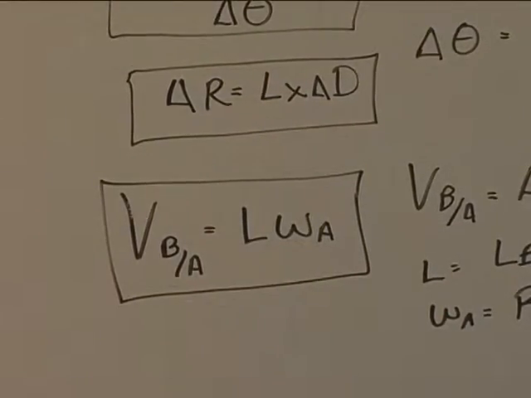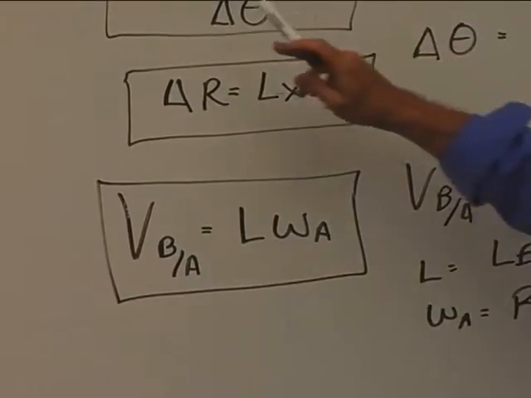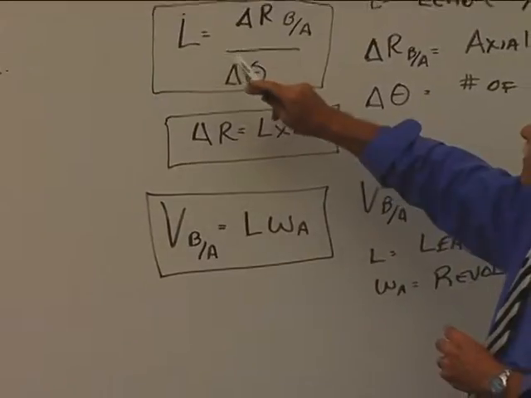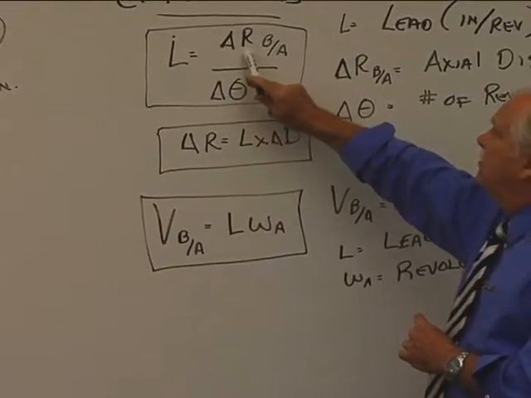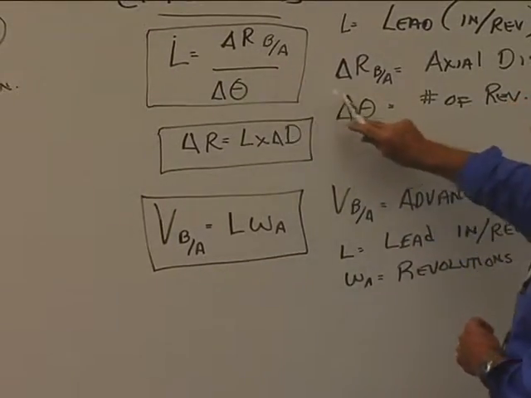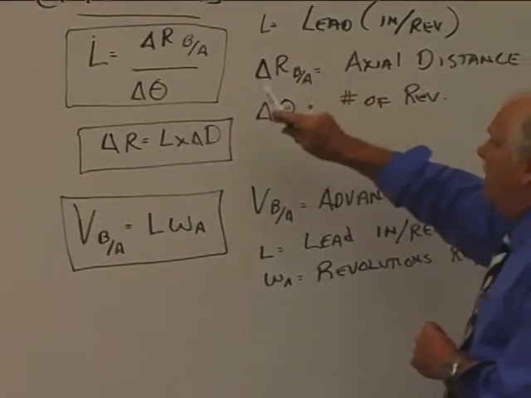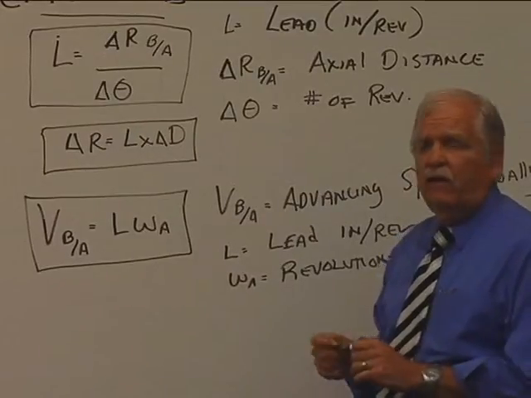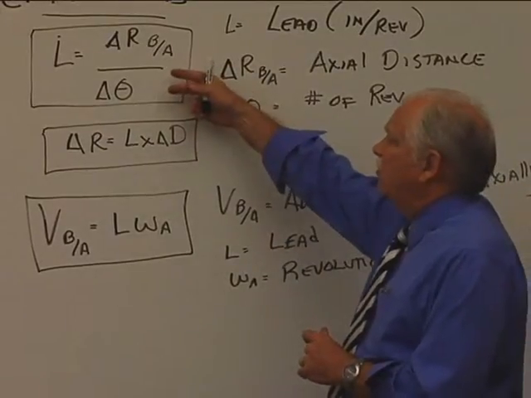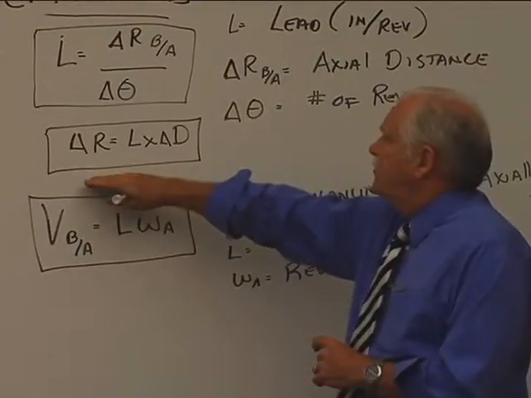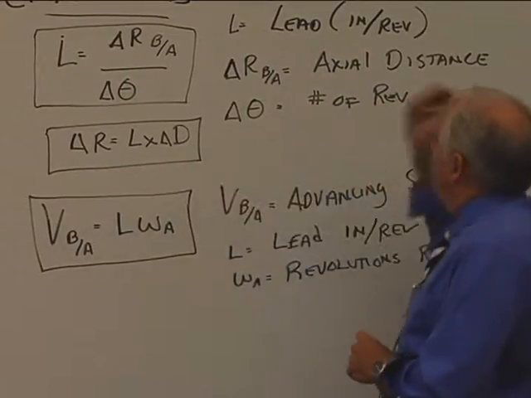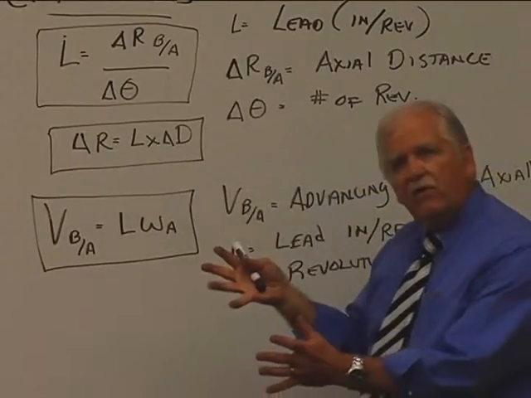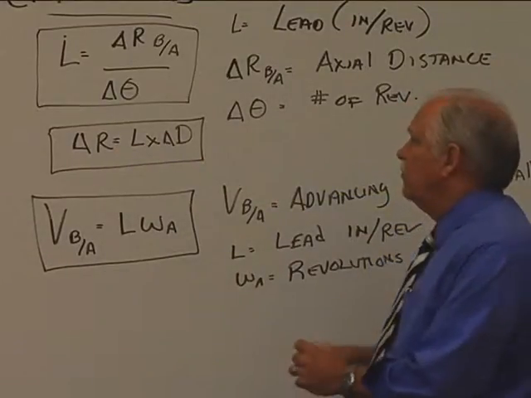And to do that, we need to take into consideration the lead, which is the distance between a single form, the axial distance that it's going to have to move, and the number of revolutions that it's going to make. With this, you can determine lead, or if you have to determine the axial distance, you can use this formula here. Depending on what you're given and what you need to find, use these formulas.